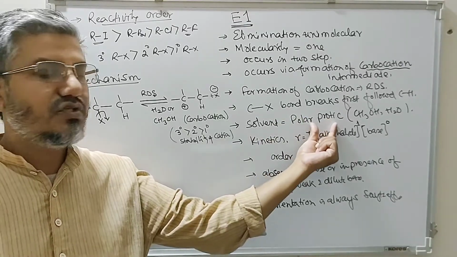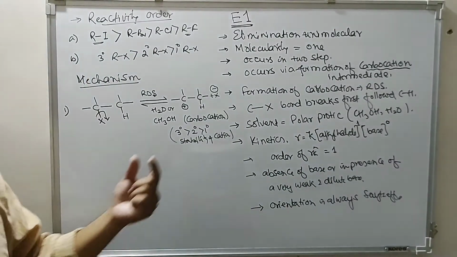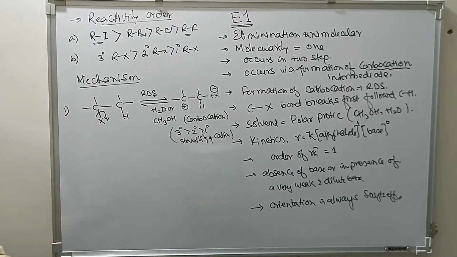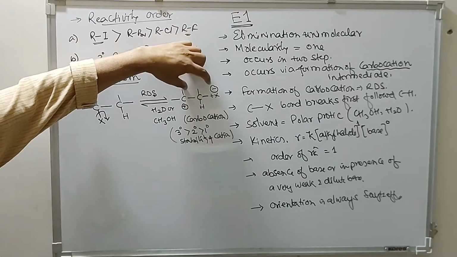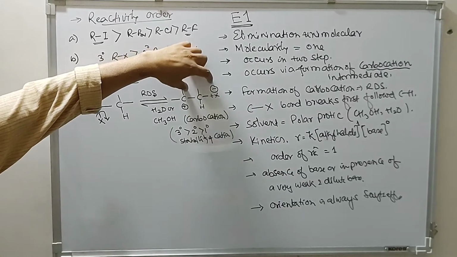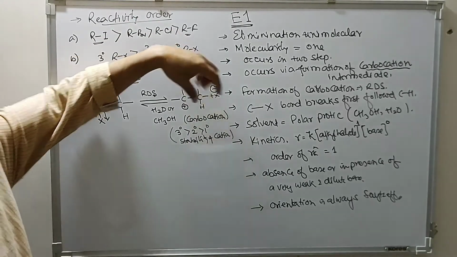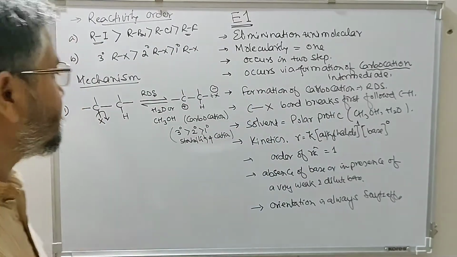So this reaction is much faster or more feasible in the presence of a polar protic solvent. Why is the solvent polar protic? Because it has to stabilize the cationic and the anionic species.